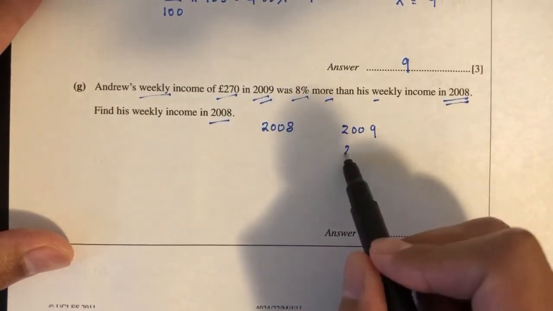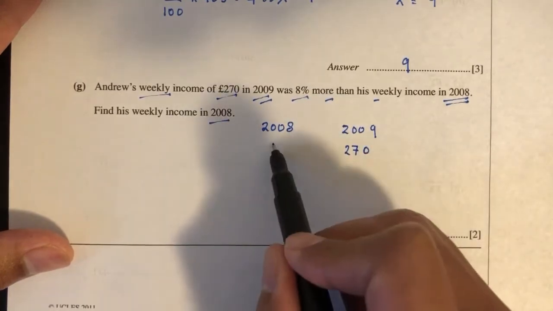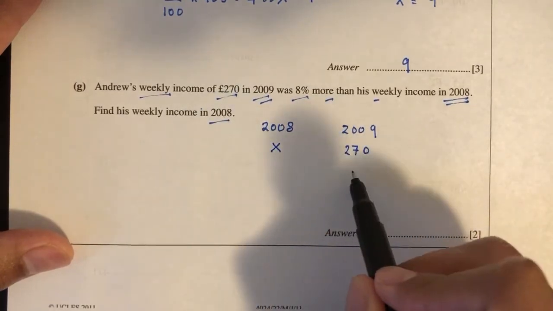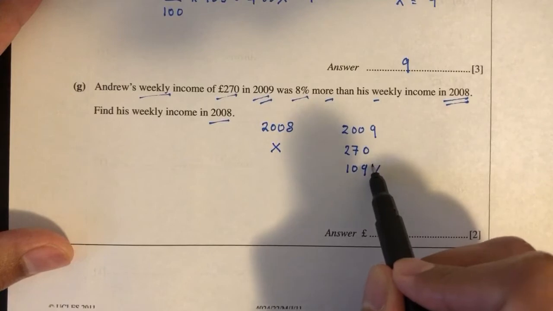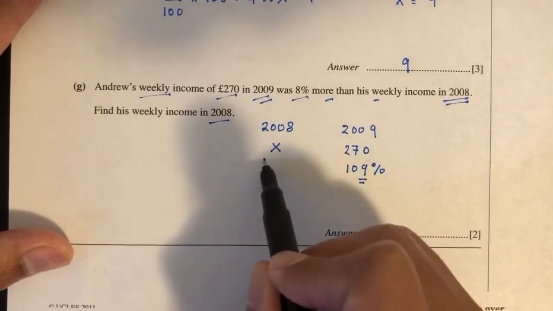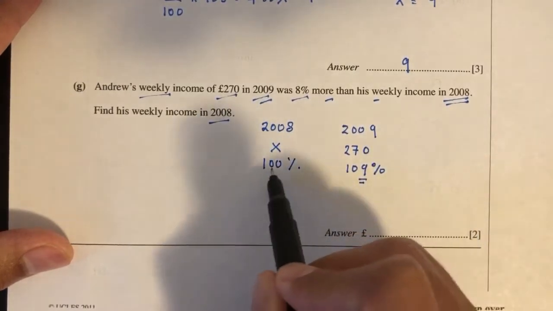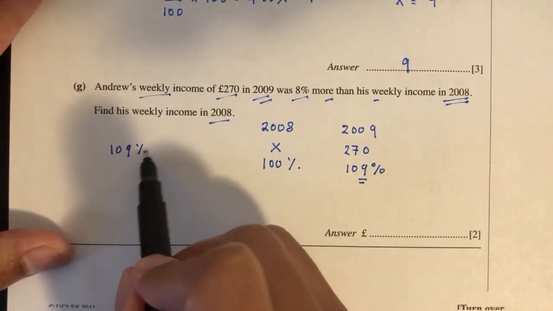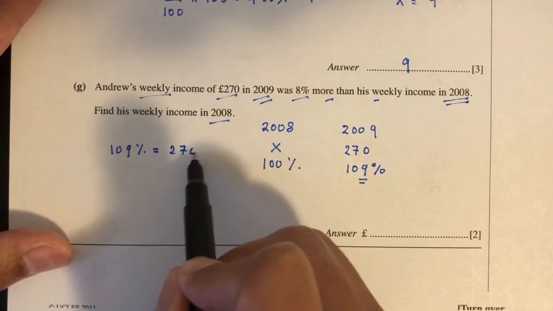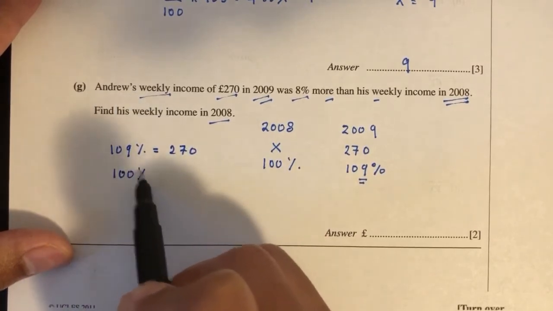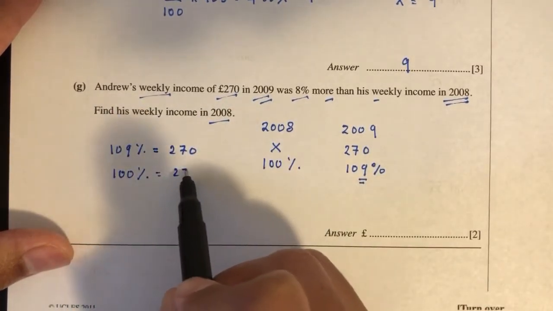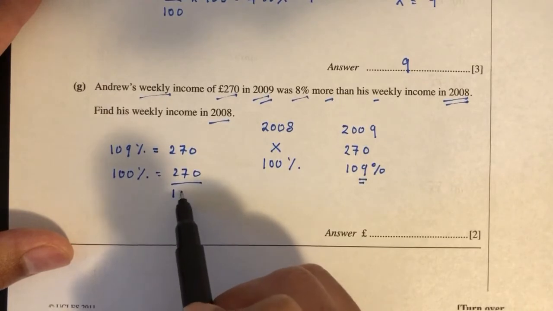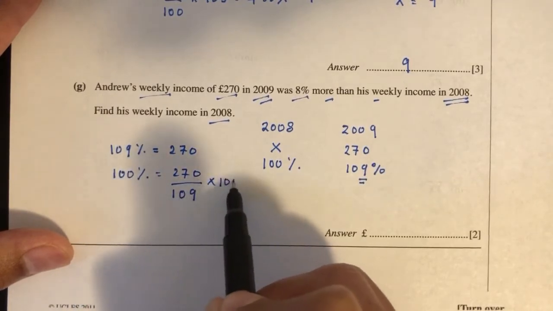We have to find X, which is 100%. The income now represents 108% because it was increased by 8%. So 108% represents 270. So 100% represents 270 divided by 108 times 100.